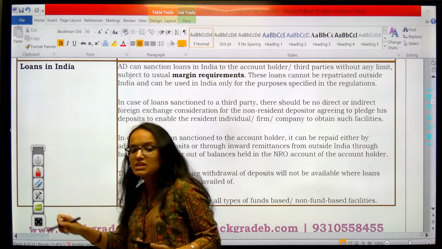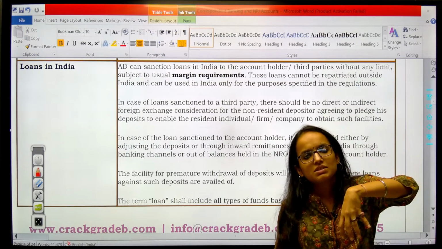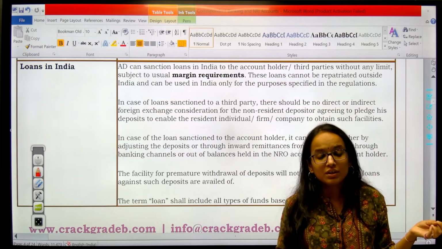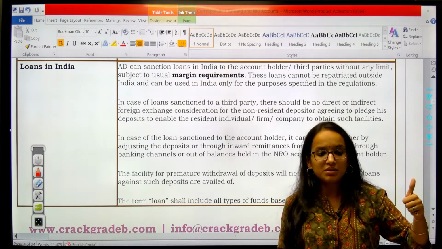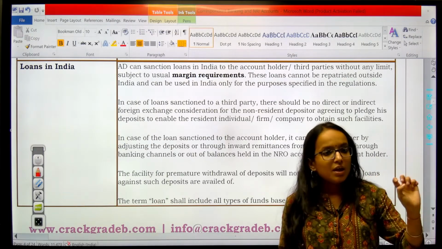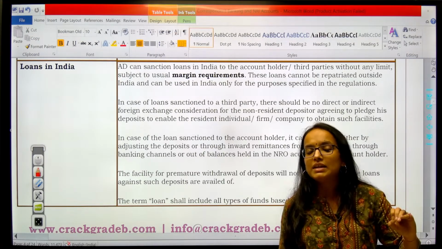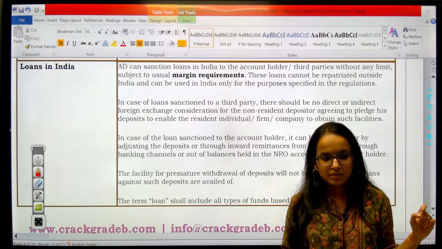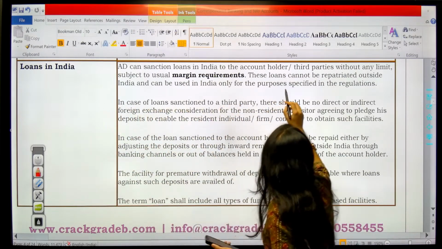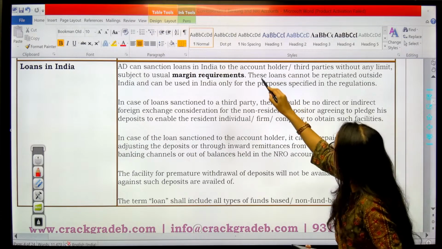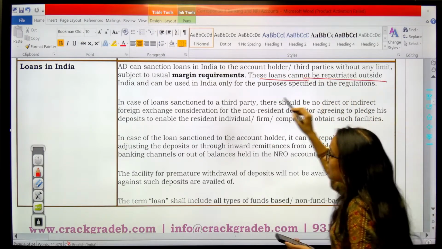We have seen that the account is fully repatriable. The funds received, remittances received, can be sent back to the source of origin, but loans received cannot be sent back outside India. Remember this. Loans received by the NRI account holder cannot be repatriated outside India. Always remember that these loans can be granted, but they cannot be repatriated outside India.